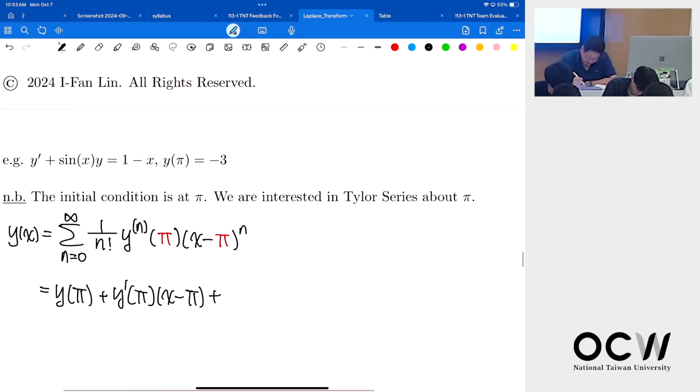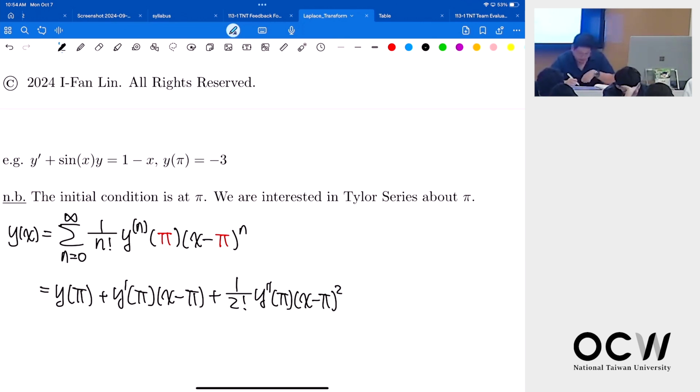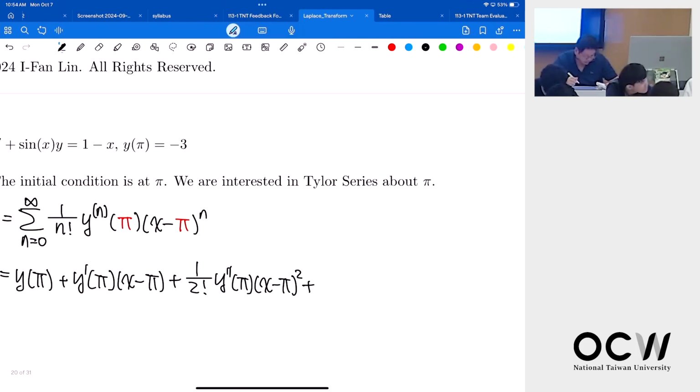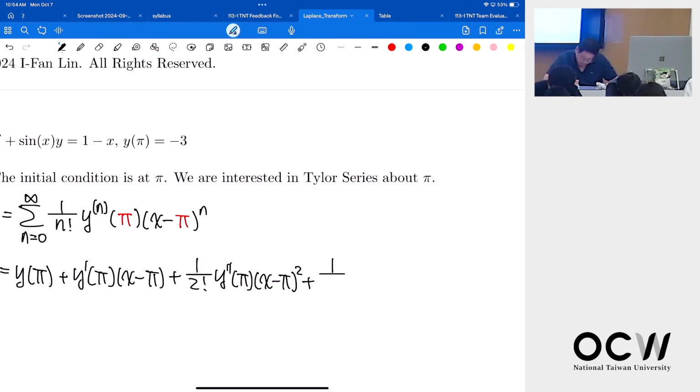When n equals 2, we have 1 over 2 factorial y double prime of pi times x minus pi squared. And let's write one more term. When n equals 3, 1 over 3 factorial y triple derivative of pi times x minus pi cubed, and so on.